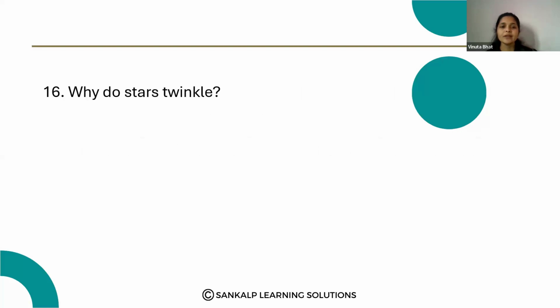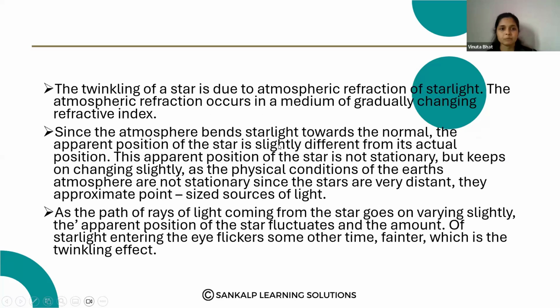Next question. Why do stars twinkle? The twinkling of star is due to the atmospheric refraction of the starlight. The atmospheric refraction occurs in a medium of gradually changing refractive index. Okay, so that is the twinkling of stars, that is because of the atmospheric refraction.